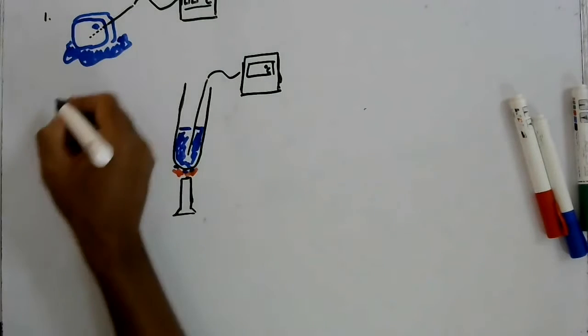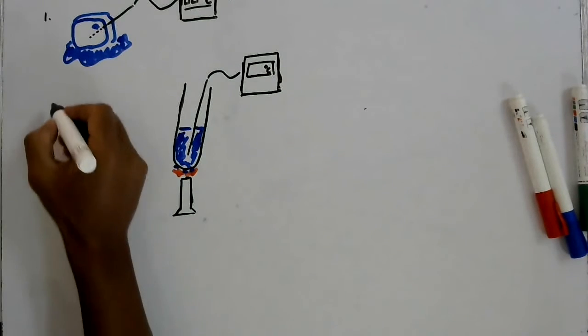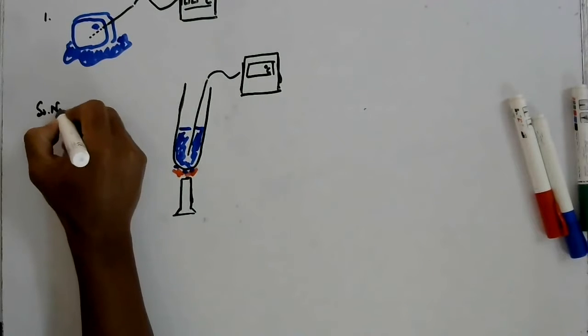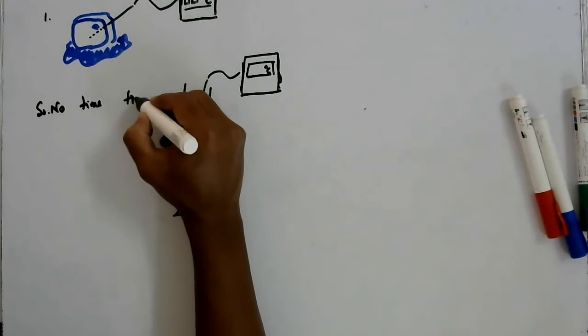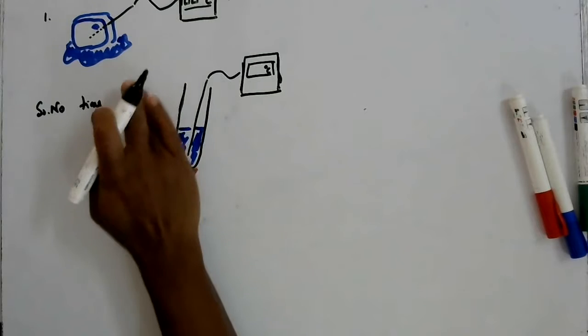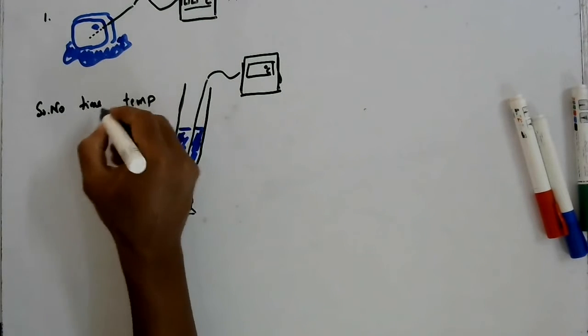So what you would do is, every couple of minutes or so, you note down the temperature and the time. So you have time there, and temperature here.